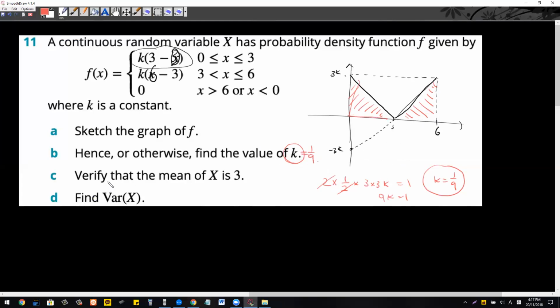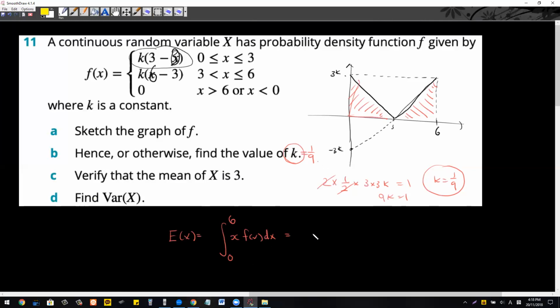Now verify that the mean of x is 3. So we just find the average value. The expectation value of x is given by the integral of x f(x) dx. Do you know this formula? Yeah, I do.